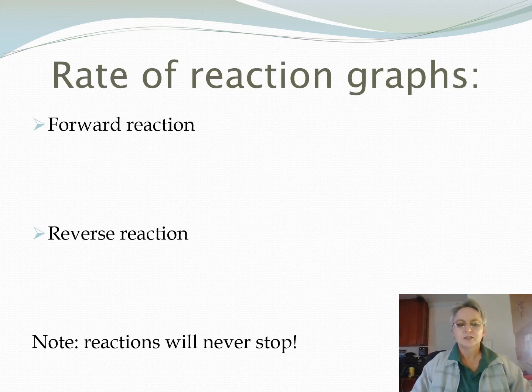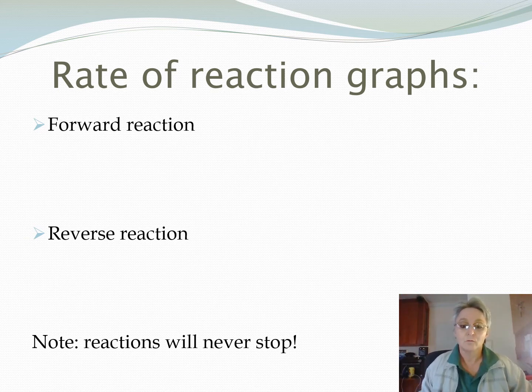So before we start with chapter 14, let's look at the rate of reaction graphs. Now, the rate graphs that we drew in chapter 13 will be slightly different to these rate graphs, because the amount of chemicals can never turn into a zero.